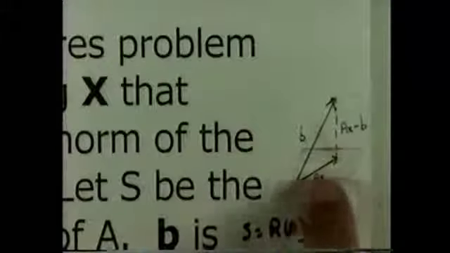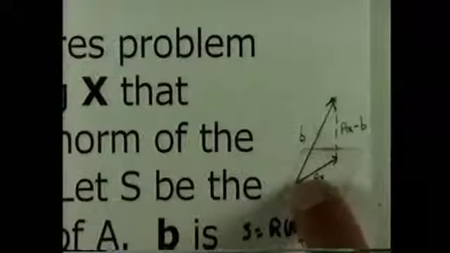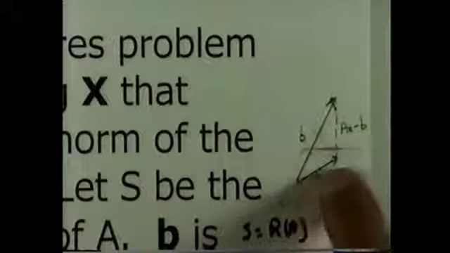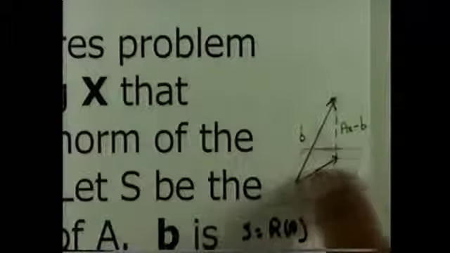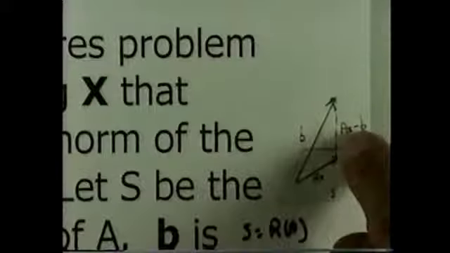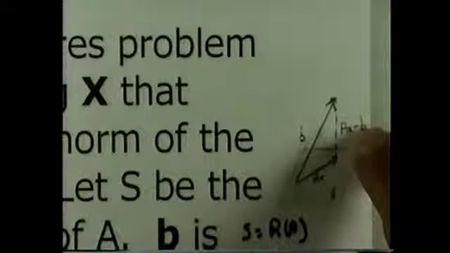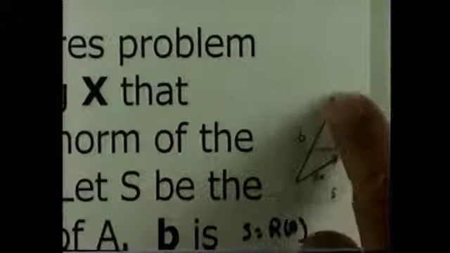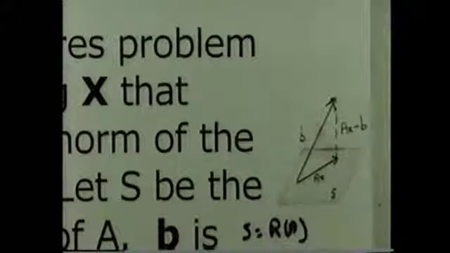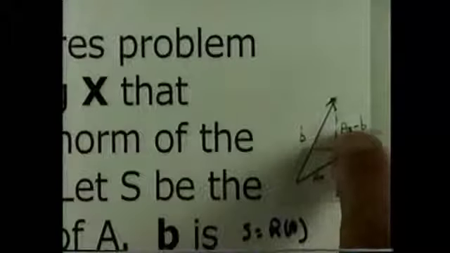So if we look at S, and this is B, and we call this Ax here, then this perpendicular line is the Ax minus b. See, Ax plus (Ax minus b) would equal b. So this is the Ax minus b.